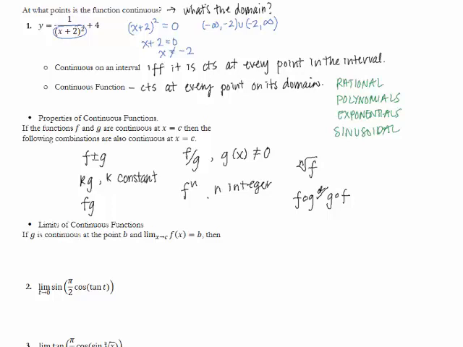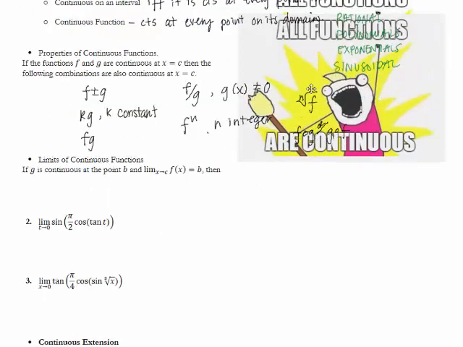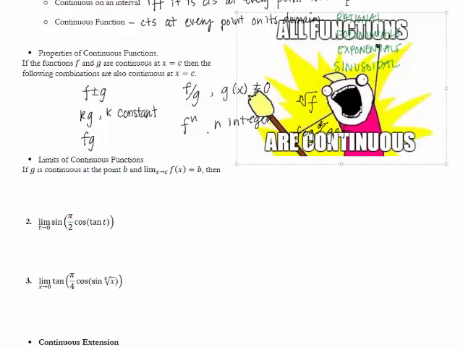So what I think about when I talk about this section all the time is that all functions are continuous. Anything you can think about, it's a function, it's continuous on its domain, called a continuous function, and then we combine them and we make more continuous functions.